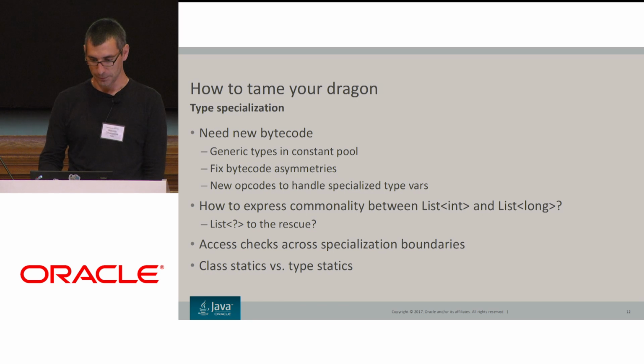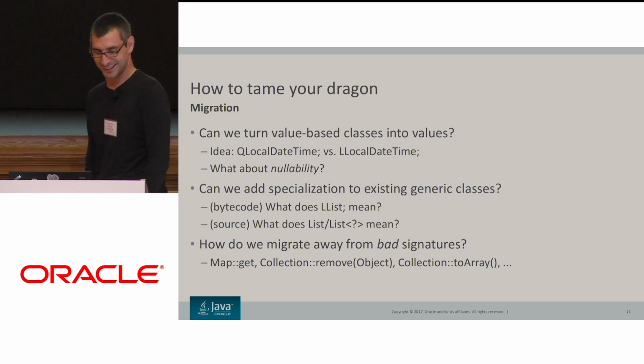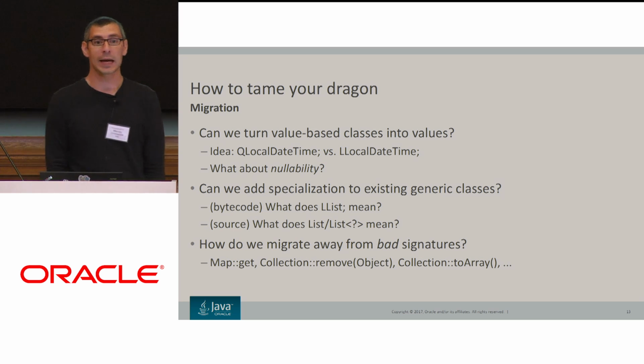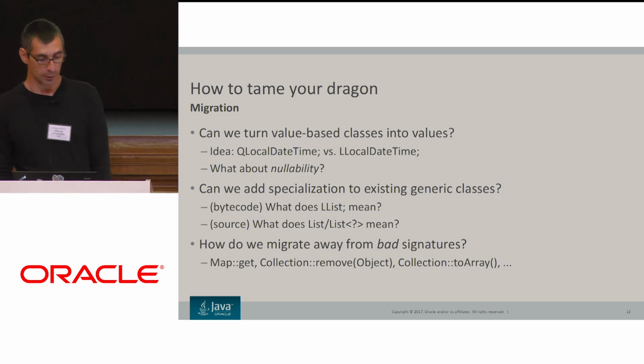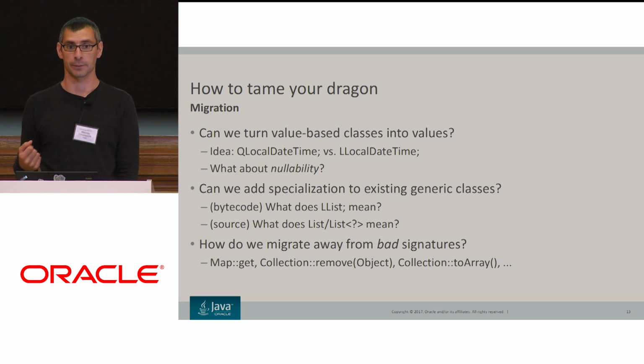Those are big problems. And I haven't even started talking about migration yet, right? That's our favorite subject. Of course, Java is an existing language. We would like people to be able to use those features on top of the existing code that they have already written.